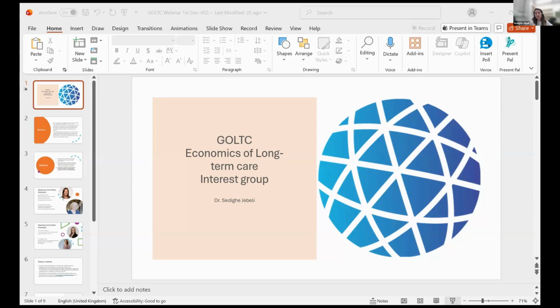So our aim was to bring together health and social care researchers, policymakers, and practitioners from around the world to discuss the economic evaluation and financing approaches for community-based long-term care, and also to measure the impact of long-term care policies on the population. So the interest group is focused on social care and community-based interventions in response to the health and social care needs of the older population.